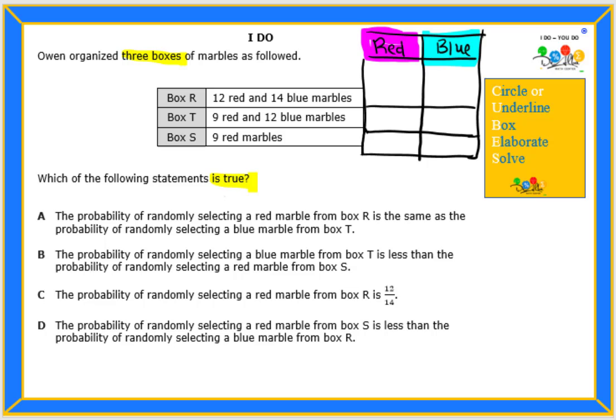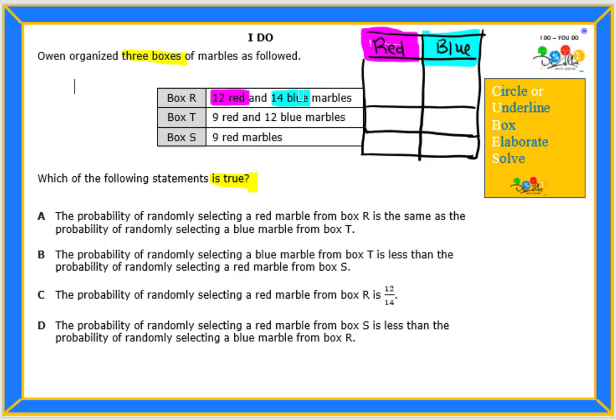Okay, so let's look at box R. In box R, we have 12 red marbles and we have 14 blue marbles. So remember that whenever we're trying to find probability, we will put how many of that event can occur over the total.